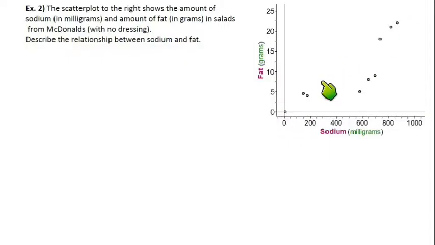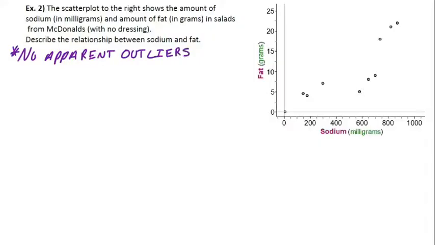There's no one person that broke way off above or way off below. I know that there's a group and a group kind of broken up. It's almost like there was a line and these three broke off down here. But there's really no outliers. So that's one, we could note that. Even though it might be broken, there's no apparent outliers.